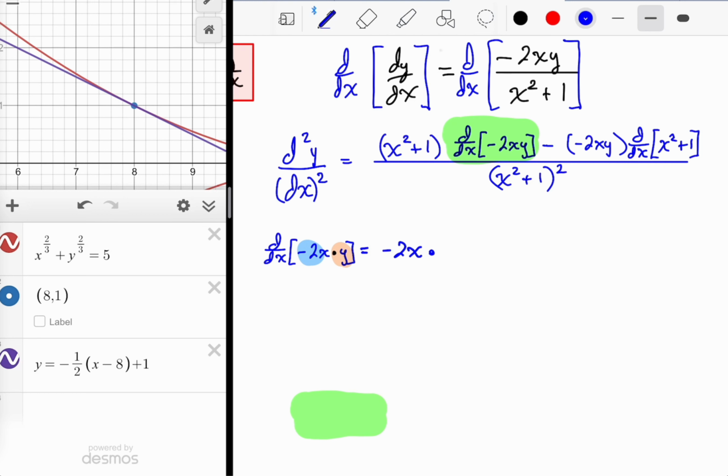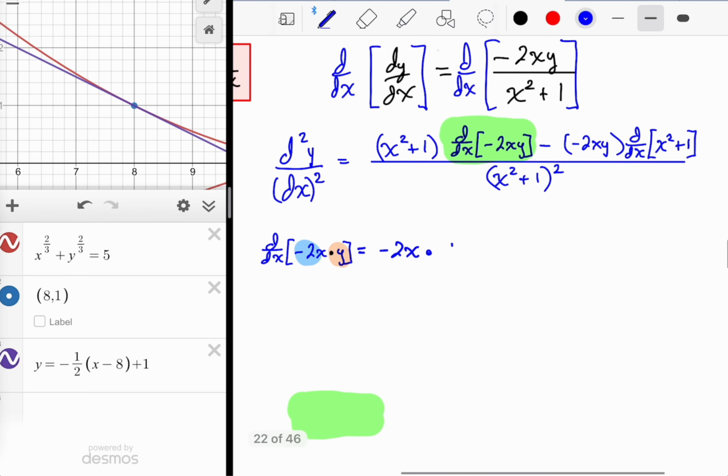6 times 8 is 48. I'm not sitting there saying, I got 6, another 6 is 12, another 6 is 18, and so on until I get to 8. No, 6 times 8 is 48 just because. It's always been that, and it always will be. So when I take the derivative of y with respect to x, this y term, we've already done it like 5 times, and every time it's been dy dx.